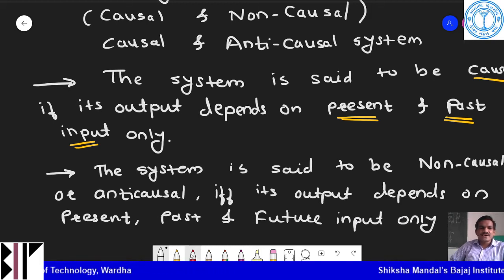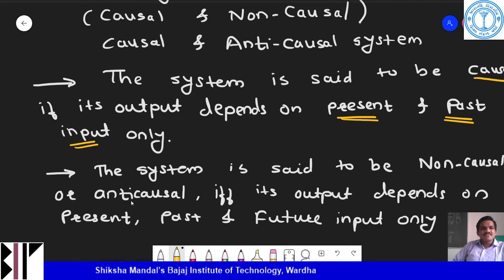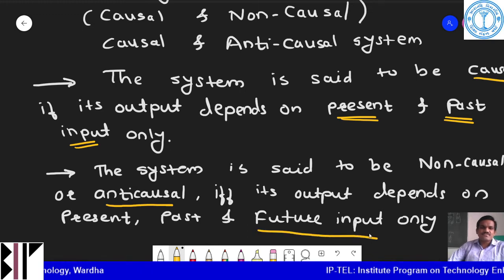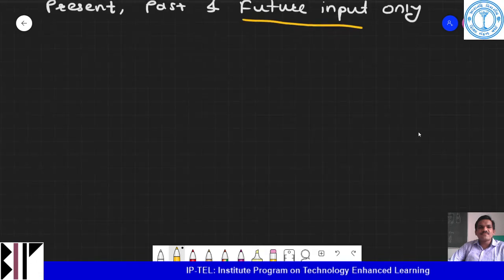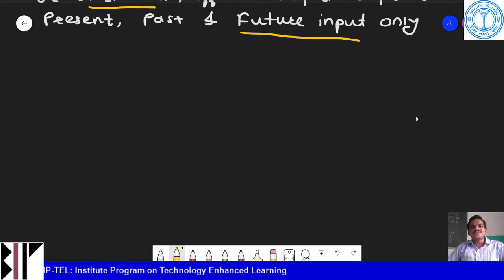Remember this definition. The system is causal if its output depends upon the present and past input, and anti-causal if its output depends upon future input also, that means it requires present, past and future input. Understood?